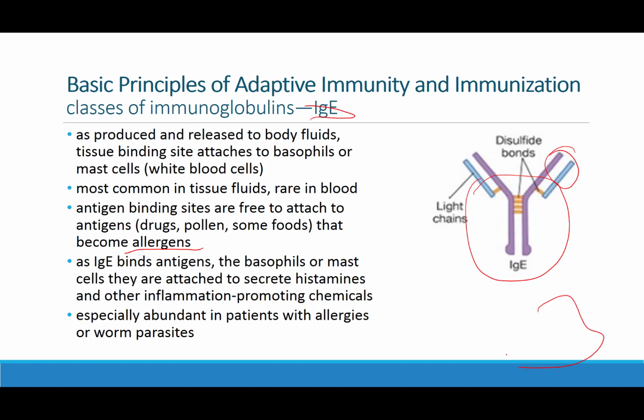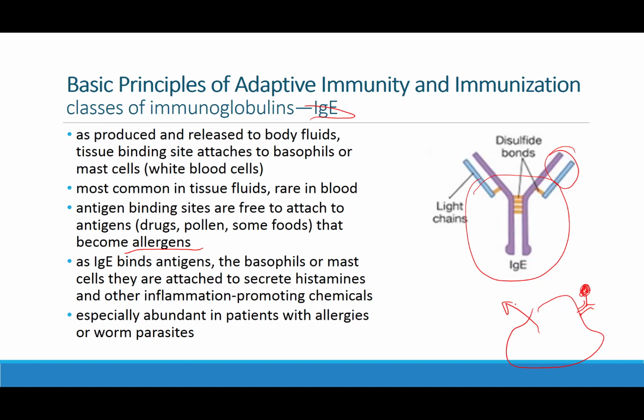So if we have, say, here's a mast cell and it's got IgE as part of its membrane, then when the antigen binds to the antigen binding regions, the basophil, or the mast cell that's holding it, produces lots and lots of histamines and other inflammation promoting chemicals, and that's what we see as the allergic response, is all that histamine being released.